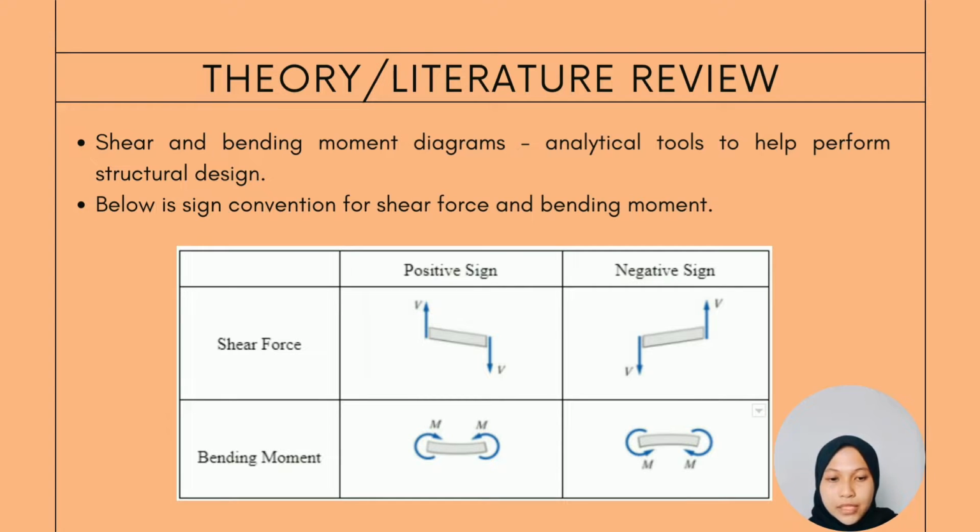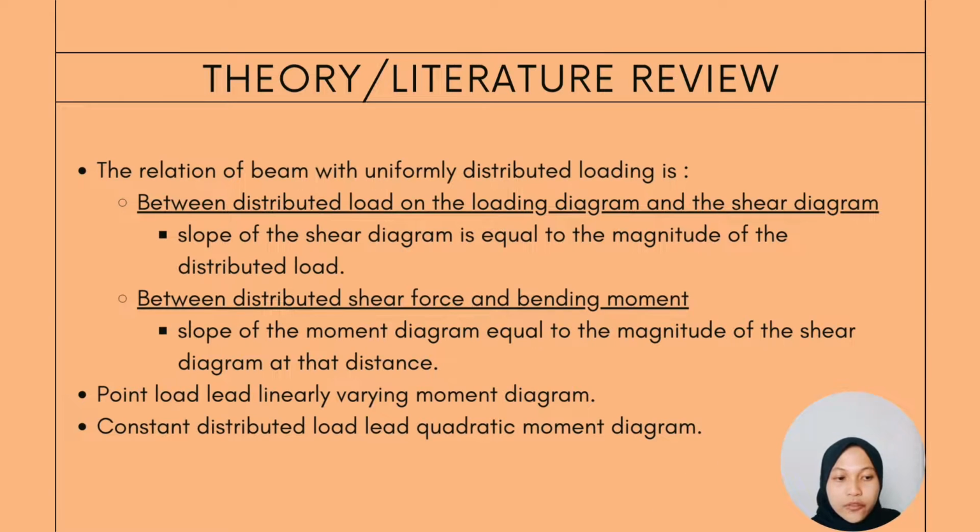To determine the maximum shear and moment, express shear force as V and bending moment as M as functions of position x along the axis. It can be represented by a shear force diagram and a bending moment diagram. There are 2 relations of a beam with uniformly distributed loading. The first is between the distributed load on the loading diagram and the shear diagram.